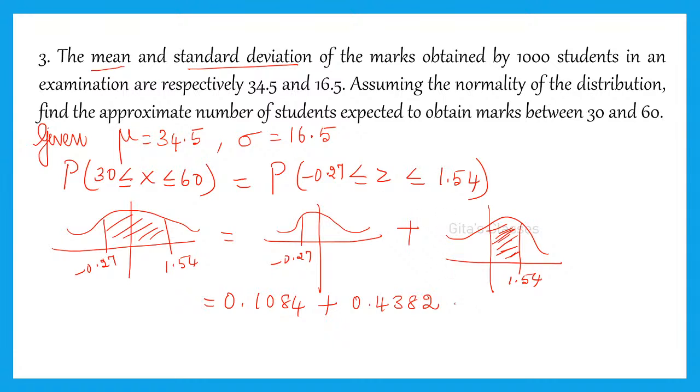Is it correct? Wait, this one should be 6, right? 0.5966, no?